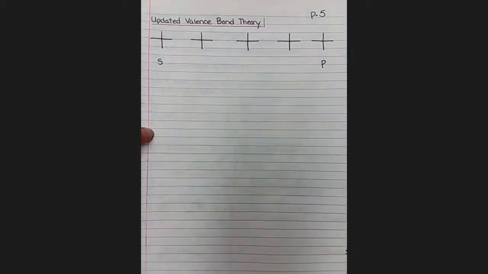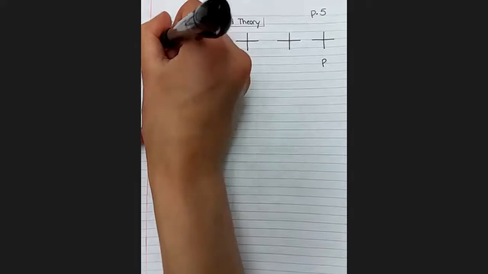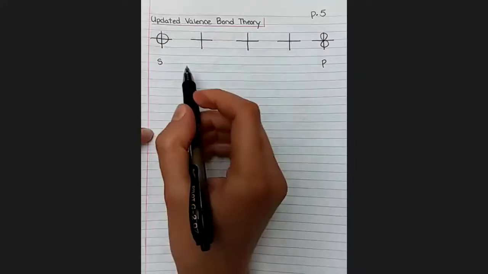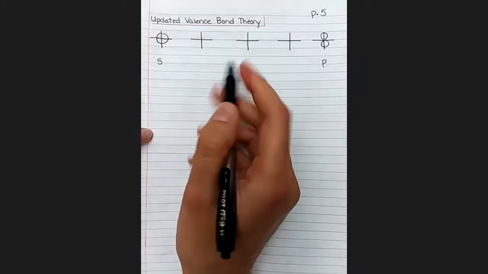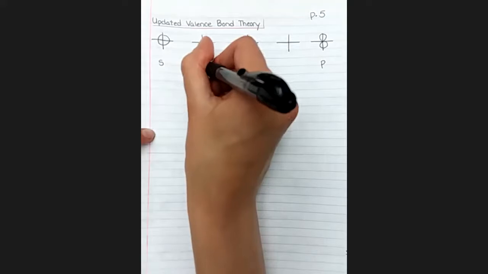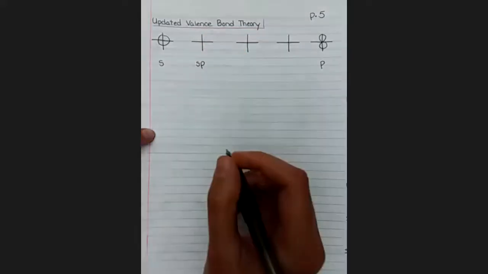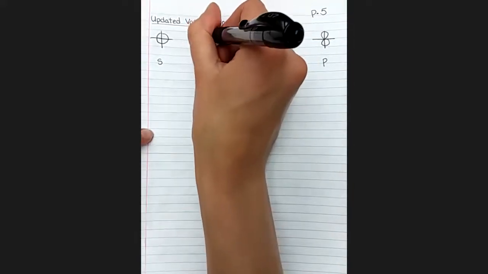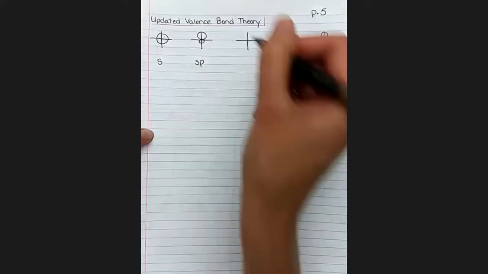So we'll rank them from how much they're like s to how much they're like p. So we'll have the s orbital on one end, we'll have the p orbital at the other end, and then our 3 hybrid orbitals will go from left to right in order of the most s quality they have. So our sp orbital was 50% s. So one of these lobes is going to be way bigger than the other one.